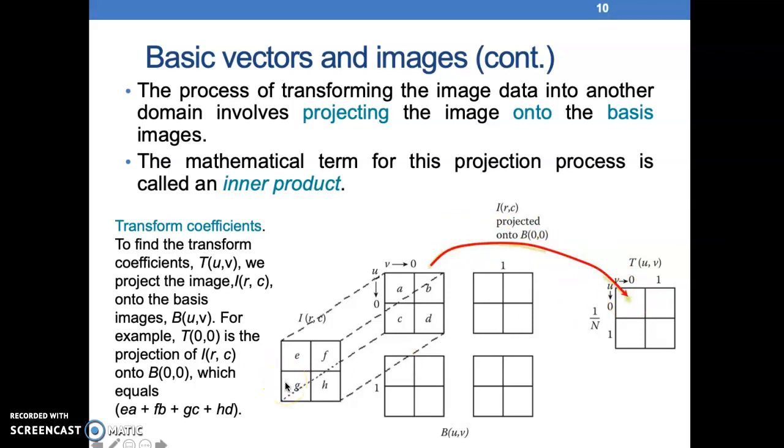Then you project I(r,c) with the basis image of 0,1 and get the coefficient T01. Next, you do the same with the basis image 1,0, and the inner product will be the coefficient T10, and the same goes for the last one.